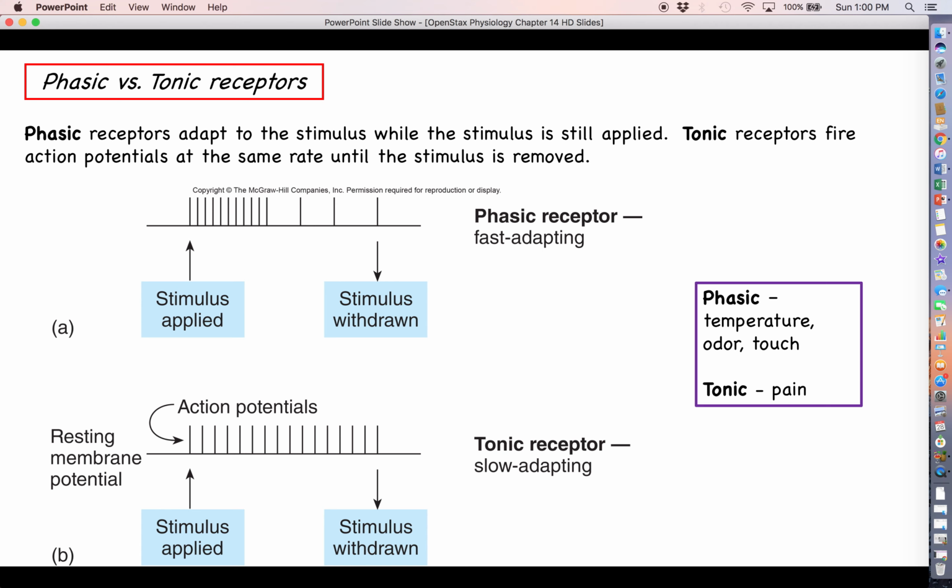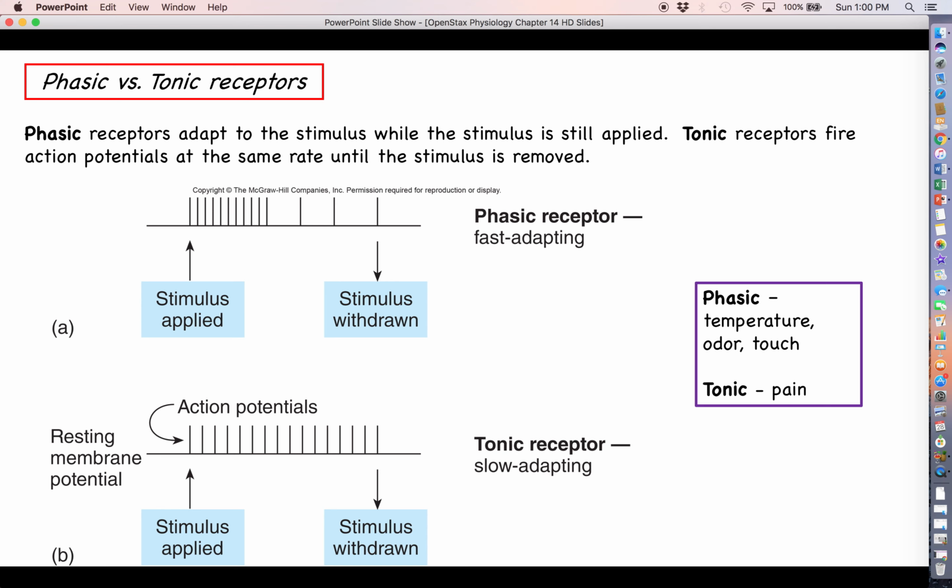So the idea behind something like this is that from the time the stimulus is applied, assuming it's a fairly strong stimulus, the strength of that stimulus, as we've discussed, is indicated by the frequency of action potentials that are fired through that particular sensory neuron axon.